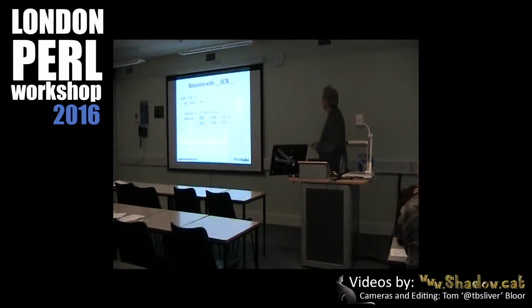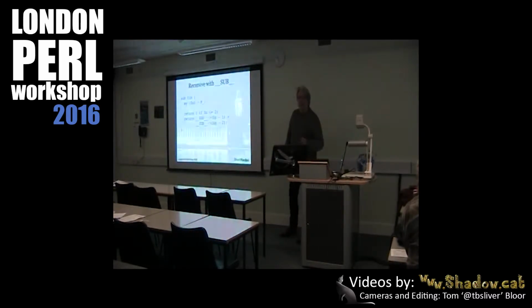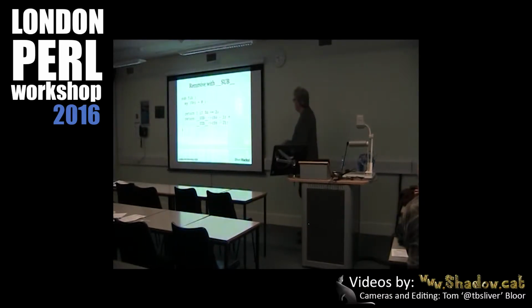So if we use this new __SUB__ token, then the subroutine looks pretty much the same, except here we've replaced the name of the subroutine with the token. And because what we've got here is a reference to the subroutine rather than the subroutine name, we've had to add the subroutine dereferencing arrow.